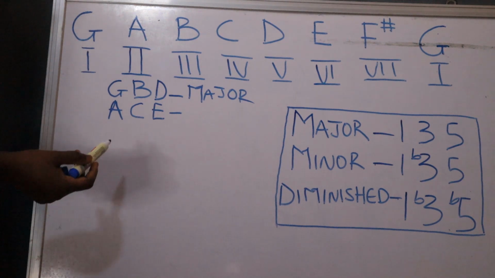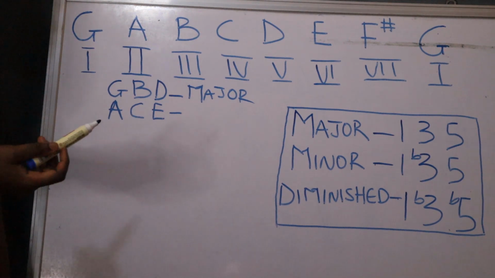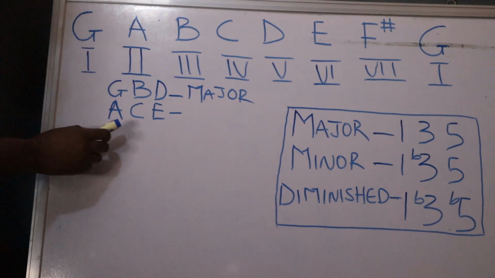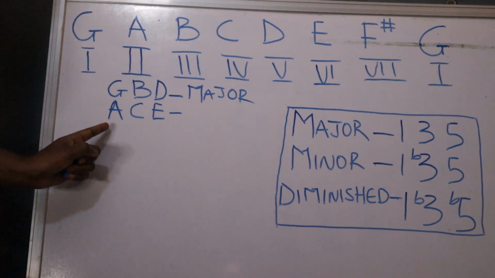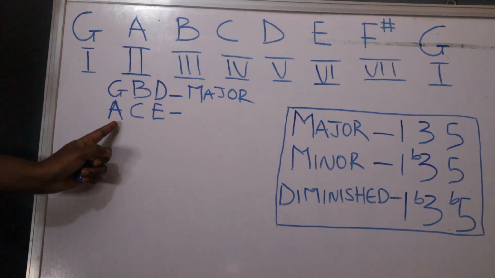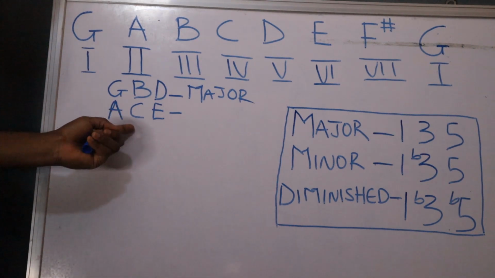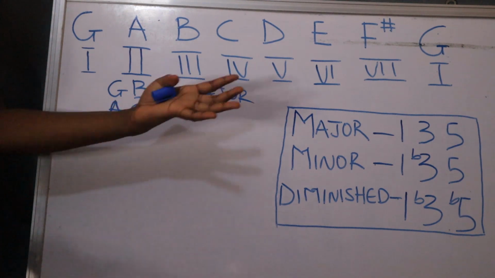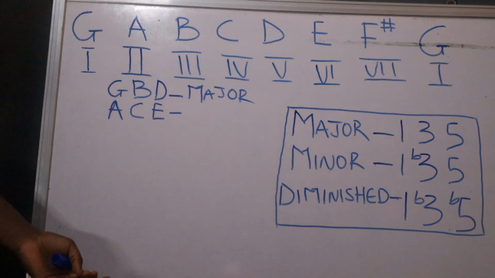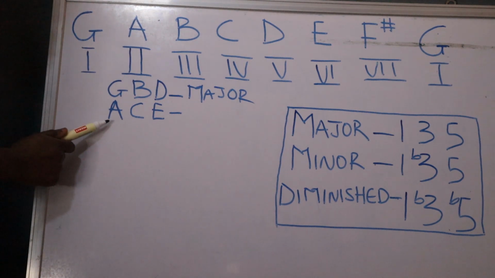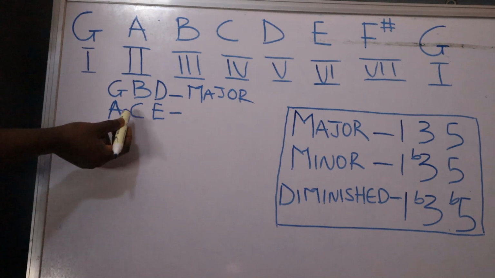So what we have to do is compare this to the root note, the A major scale. That's how we would know the tonality of this chord, whether it's major, minor, diminished, or whatever. So we have to get out the notes that make up the A major scale.